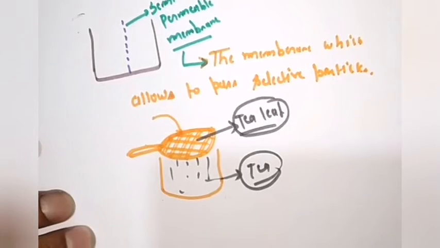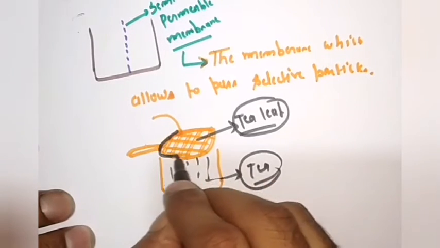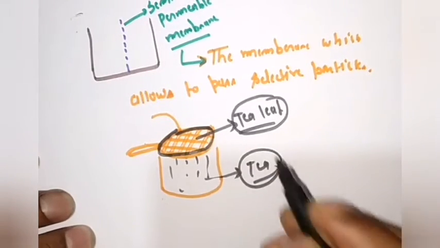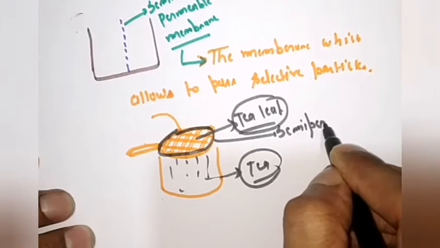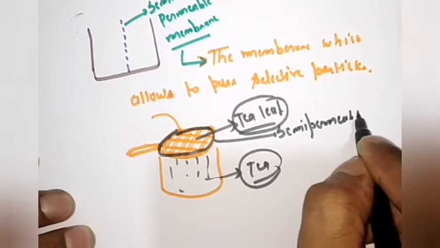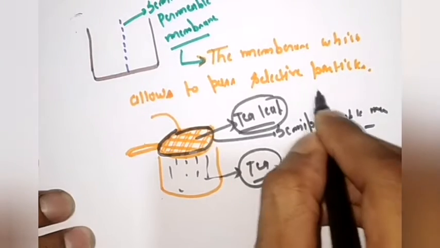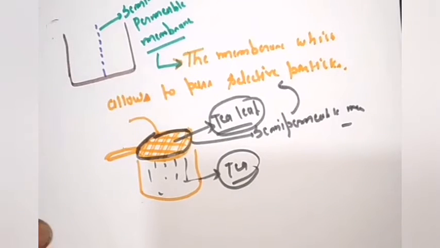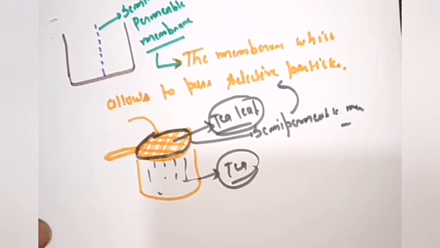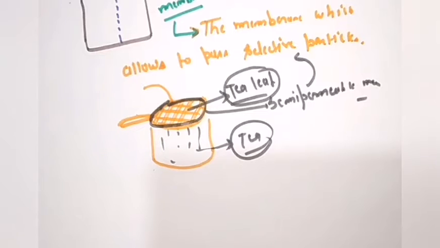So this particular thing behaves like a semi-permeable membrane. So the semi-permeable membrane is the membrane which allows particles to pass through it selectively. I think you have all understood the definition of a semi-permeable membrane.